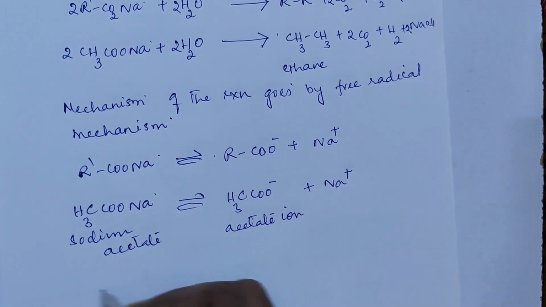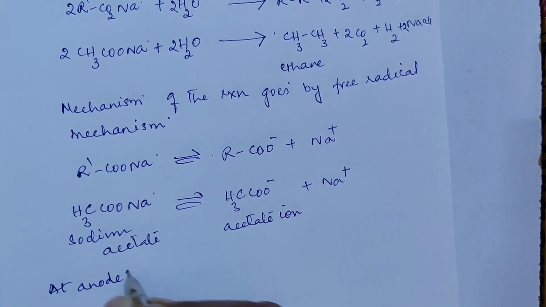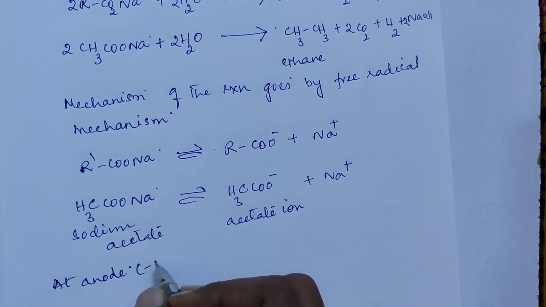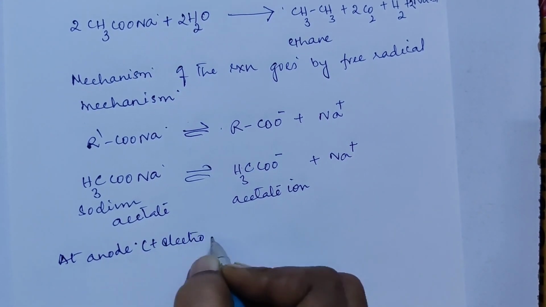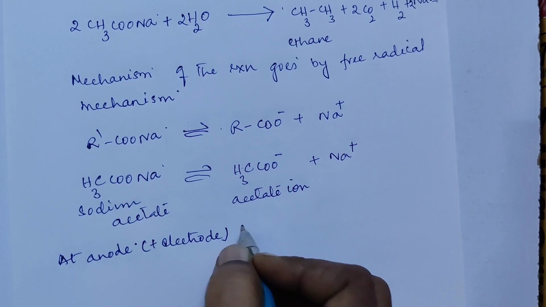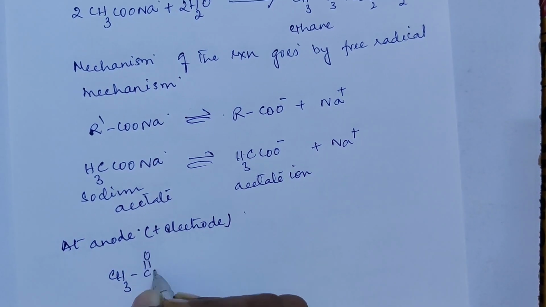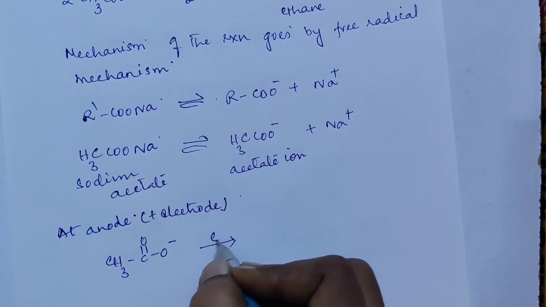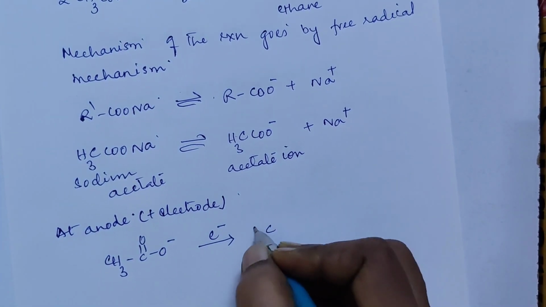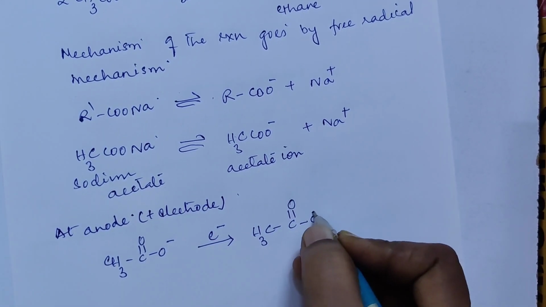So at the anode, which is the positive electrode, this acetate ion loses an electron and forms a radical.